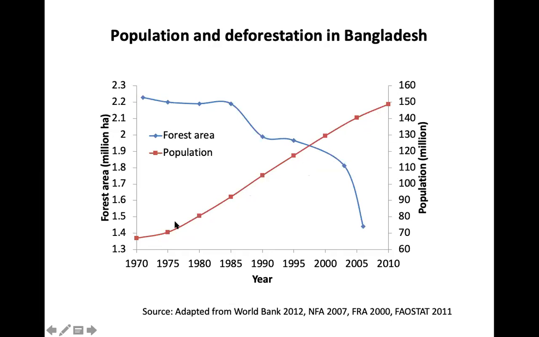This is really a big problem for the nation, because every country needs to have around 25% of land covered by forest, because forest is not only a natural resource for economic development, but also for ecological and environmental balance.